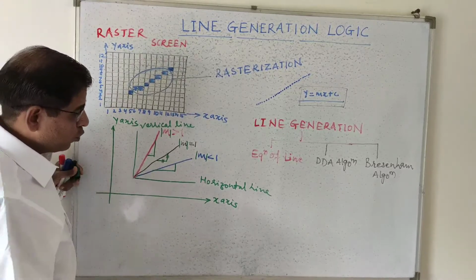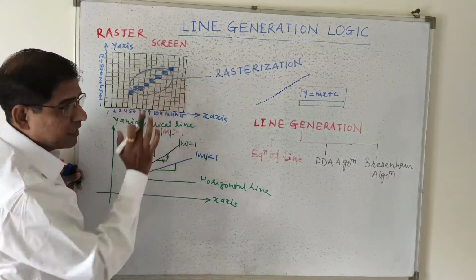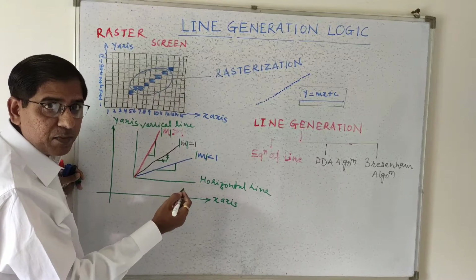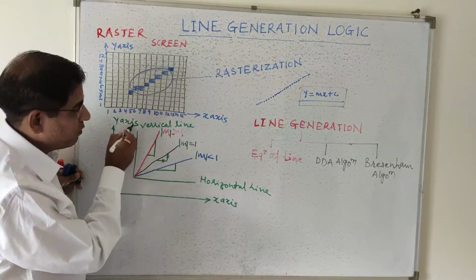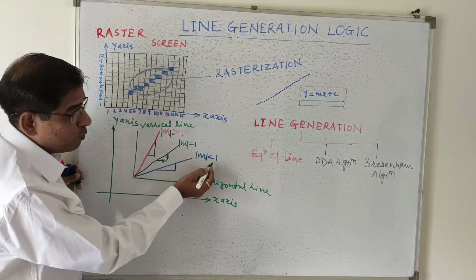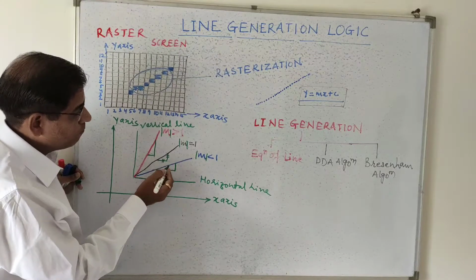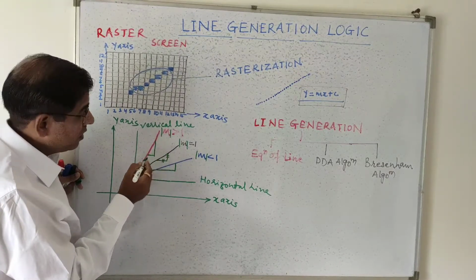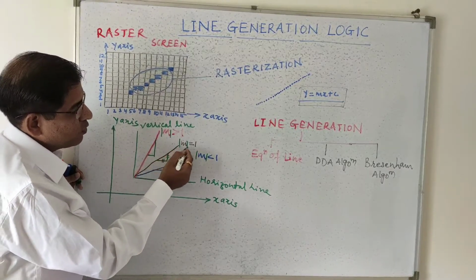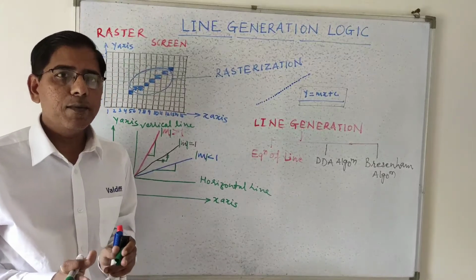Okay, so this logic is used while selecting a pixel. In case of a horizontal line, only x is incrementing, y is constant. In case of vertical, y is incrementing, x is constant. In case of slope less than 1, x is incrementing very fast as compared to y. In case of slope greater than 1, y is incrementing very fast as compared to x. And in case of slope equal to 1, both x and y are incrementing at the same rate.